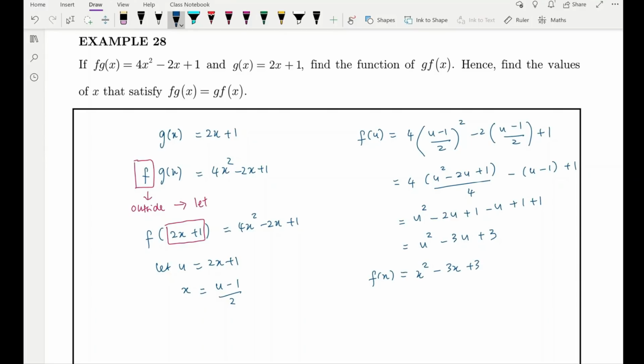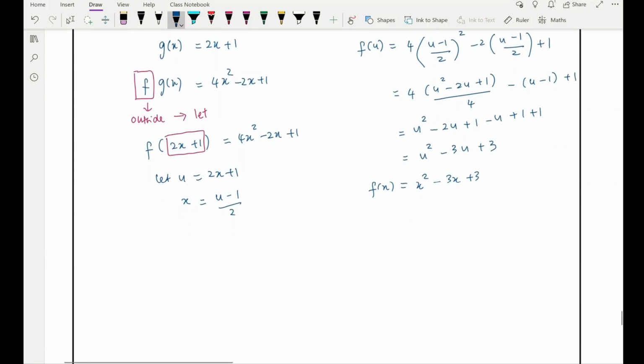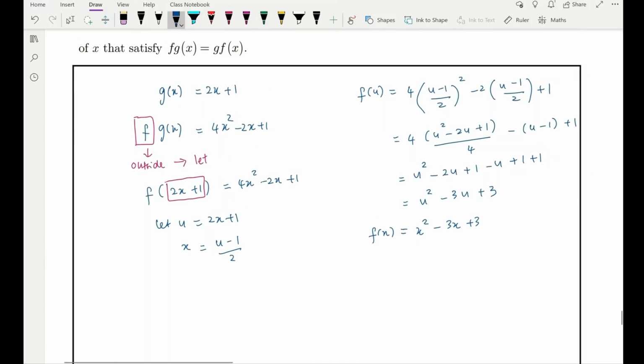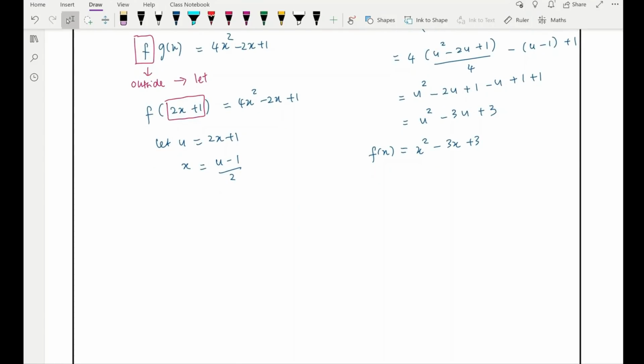And then we must find g of f. So g of f is equal to g of (x squared minus 3x plus 3). And then substitute into g. g is 2x plus 1.